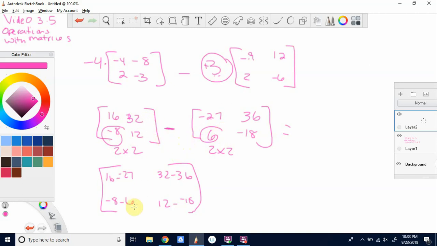And then the result is going to be in that same position. So then I have 16 plus 27, which is 43. And then I have 32 minus 36 is negative 4. Negative 8 minus 6 is negative 14. And 12 minus negative 18 is positive 30.